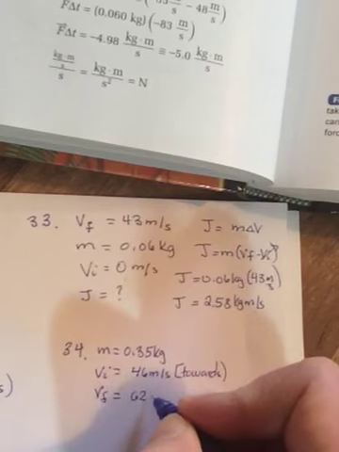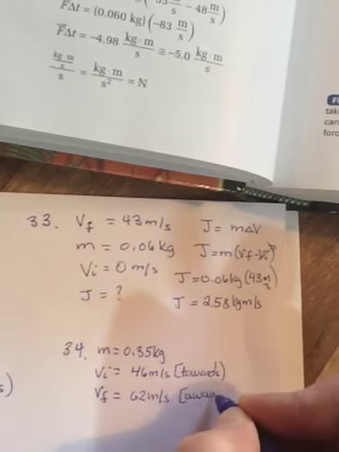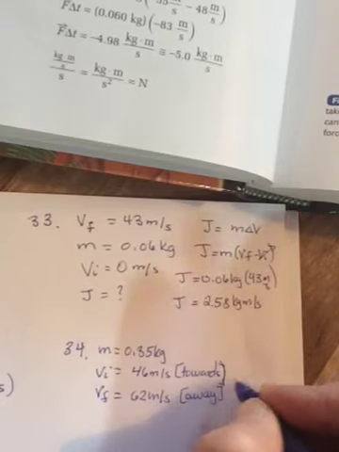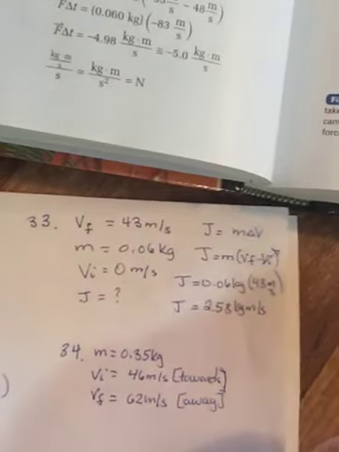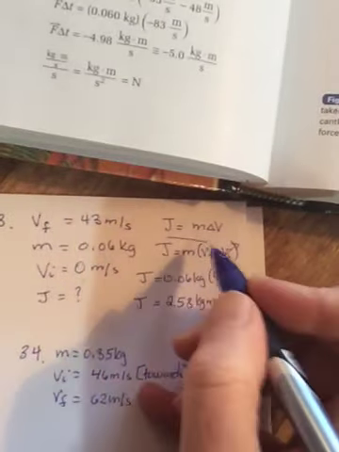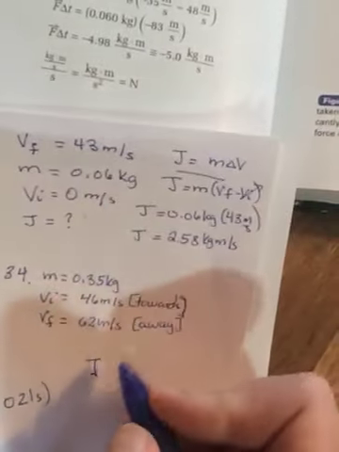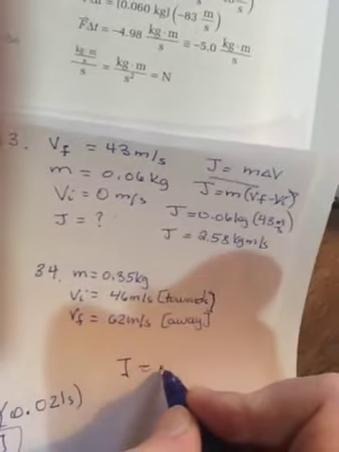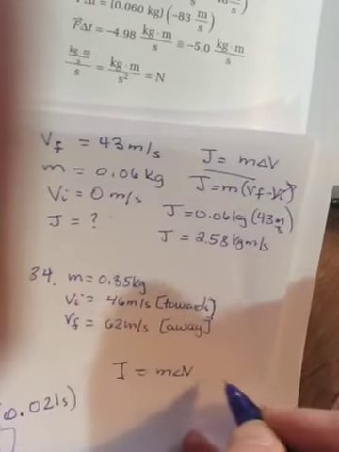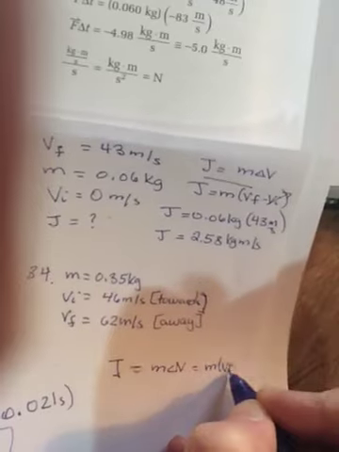Our VF, 62 meters per second, and so that would be away. And the question wants to know the impulse. Again, you're looking for J. So we do exactly what we did up here, and we do J equals M delta V, which is really, of course, M times VF minus VI.